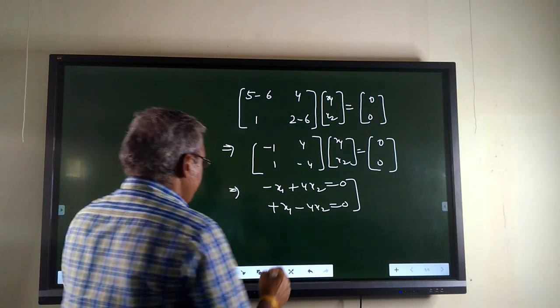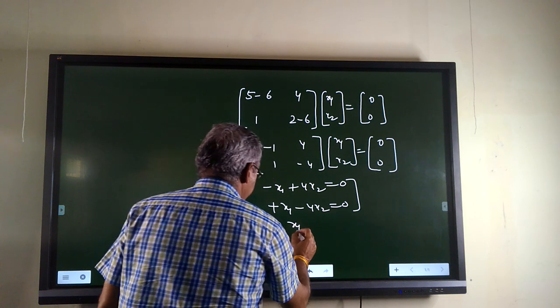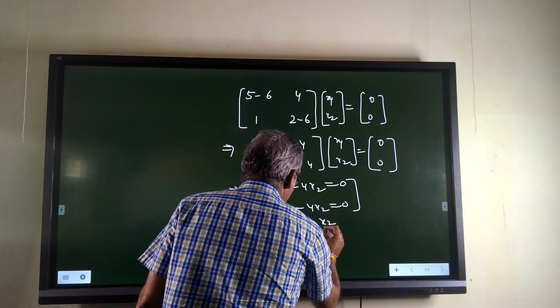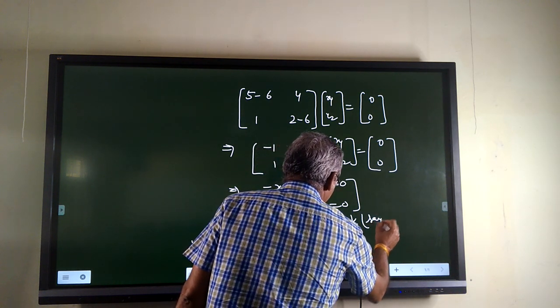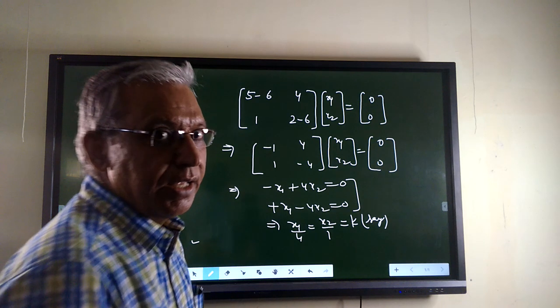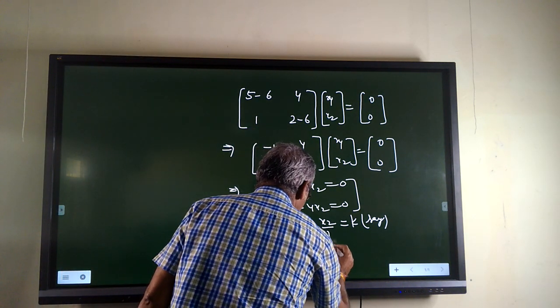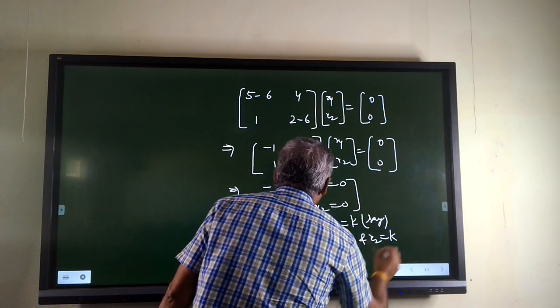On solving these equations, we have x1 upon 4 equals x2 upon 1. Suppose this is k, where k is an arbitrary number. So therefore x1 equals 4k and x2 equals k.